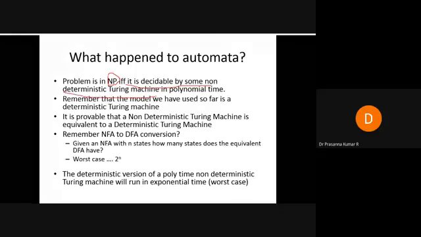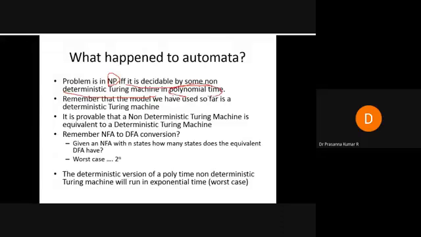And how much time does it take? It takes a polynomial time here. What is the meaning of that? The non-deterministic Turing machine can verify. It is not that it can solve the problem.